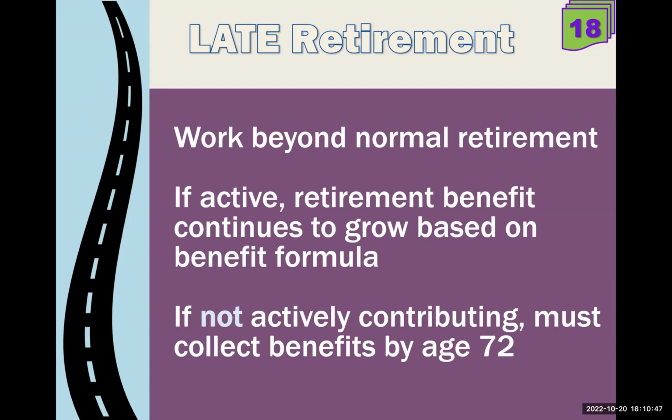That's a great reason to continue working, because by getting to the next multiplier, you're really going to give your pension a nice bump. And also, by continuing to work, maybe you're going to be getting pay raises. That also will affect it. So very, very important. Just because you've reached normal retirement doesn't mean you have to stop working and retire.